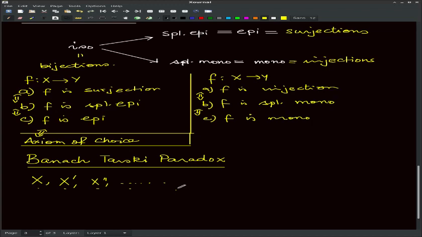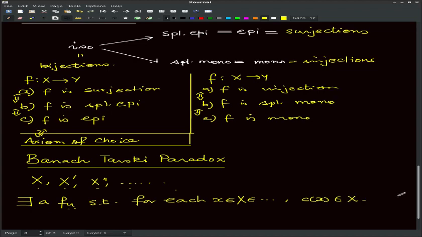So it says, given any such collection, there exists a function from the union such that for each x in this collection, Cx is there. This is often called a choice function.